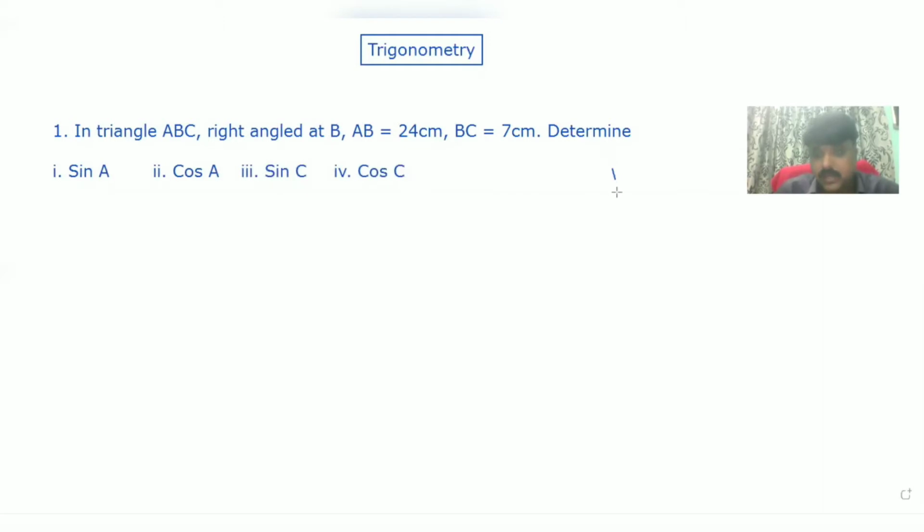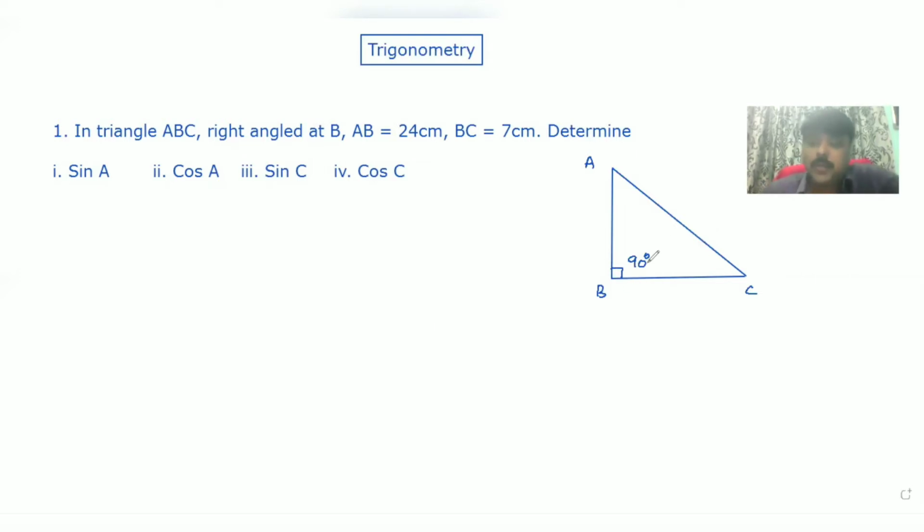Here we are given ABC is a right angled triangle, right angled at B. The right angle at B is 90 degrees.